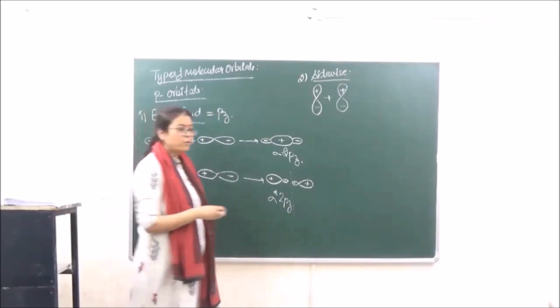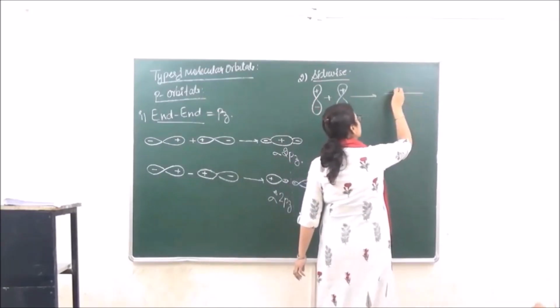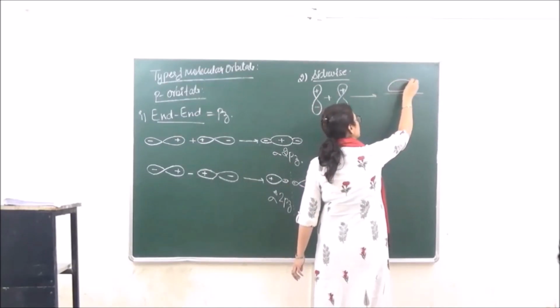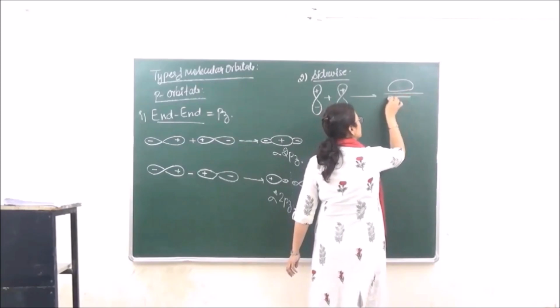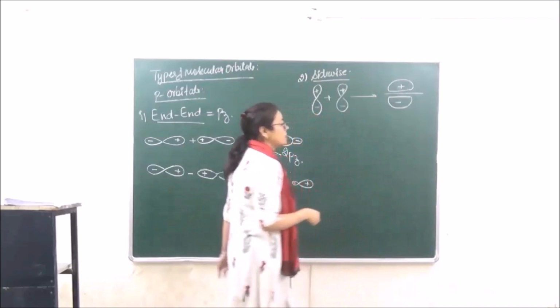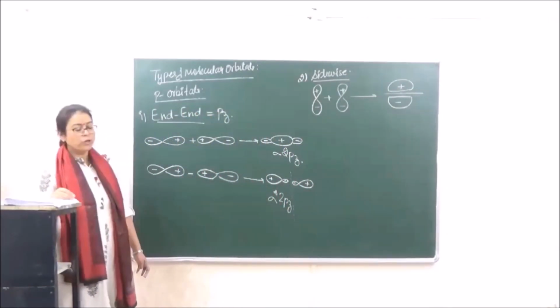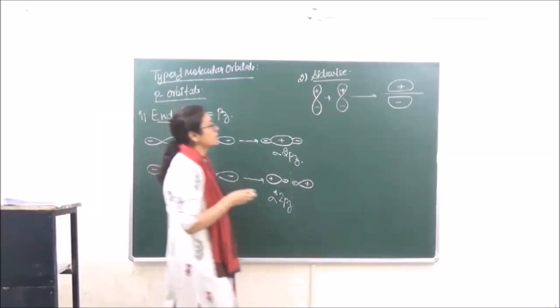Okay, so this is going to give us a molecular orbital of this shape with one positive and the other one which is negative. Okay, so this is going to be pi 2px.